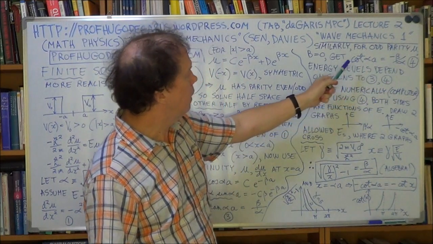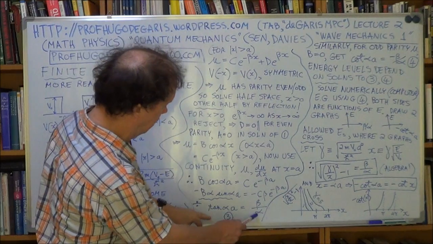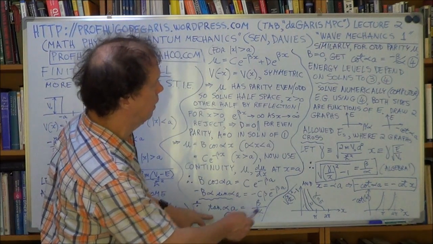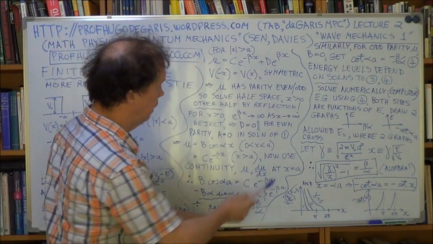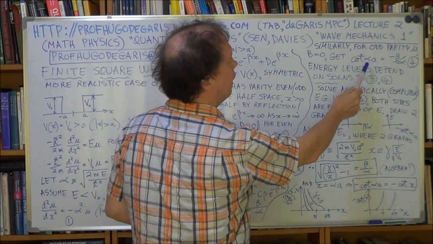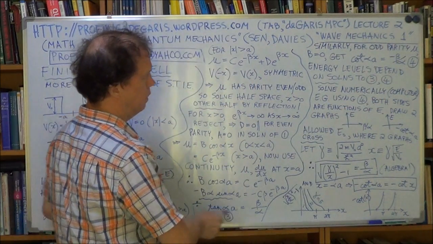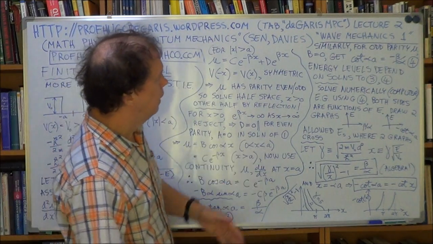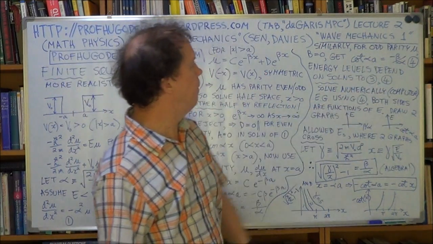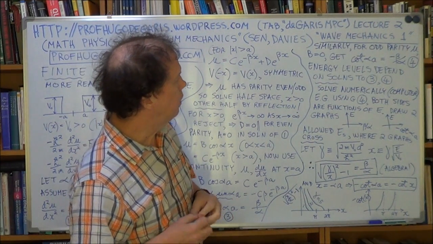So do a similar analysis, and you'll end up with equation 4 for the odd parity case, and it'll be cot alpha a equals minus beta over alpha. Impose these two conditions, and you'll get this.